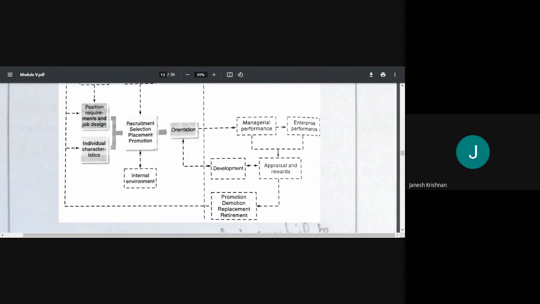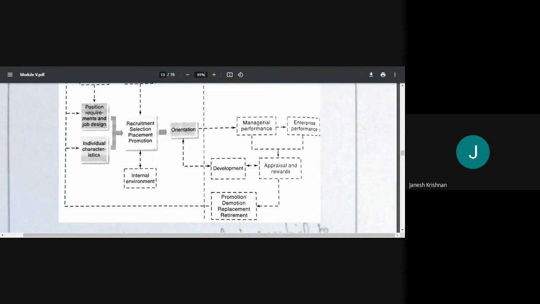Next is the transformation process, where we have to recruit and select. While doing recruitment and selection, sometimes we may be promoting also. We need to identify the internal and external characteristics, and the environment also. That becomes the transformation process, and the output is performance.